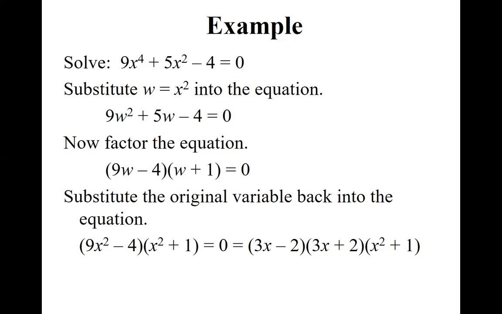9x squared minus 4, x squared plus 1. And then we notice it can factor further. 9x squared minus 4 is 3x plus 2 times 3x minus 2, or 3x minus 2 times 3x plus 2. It's a difference of squares.